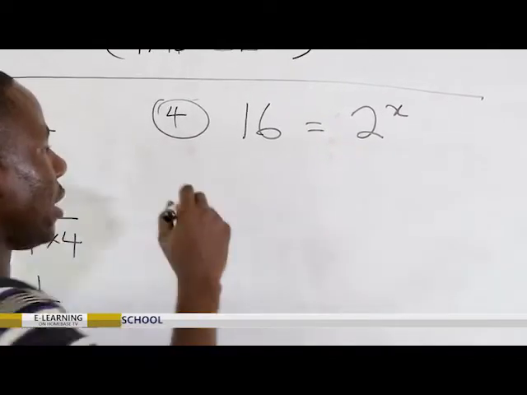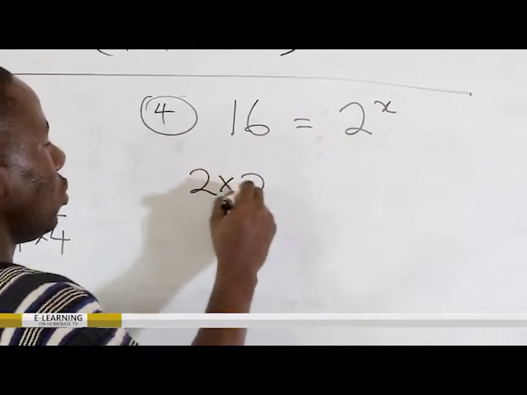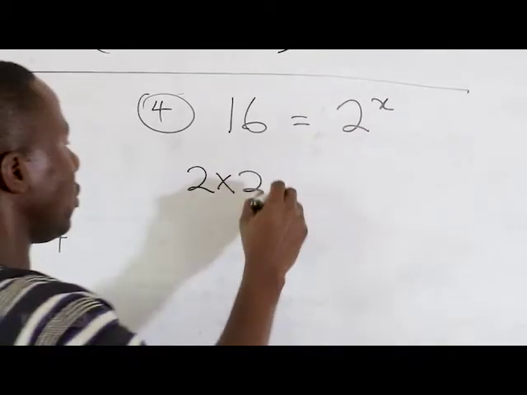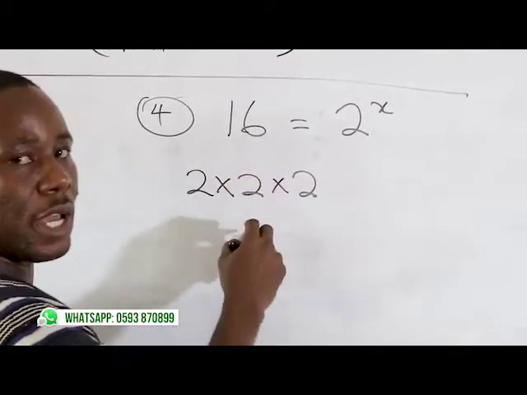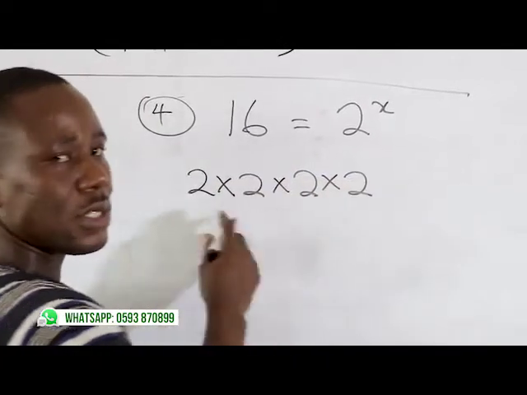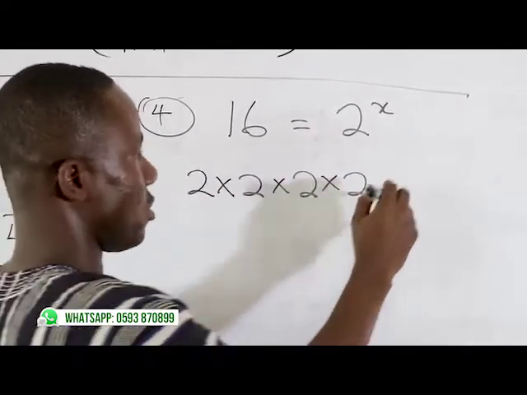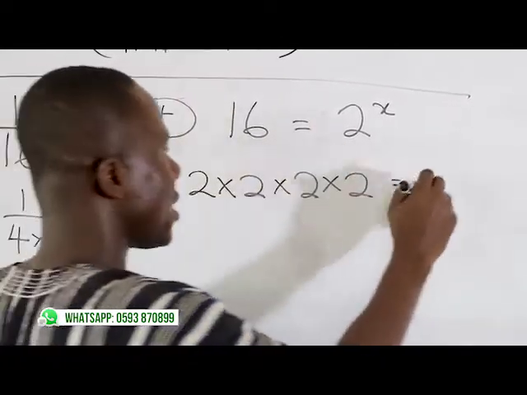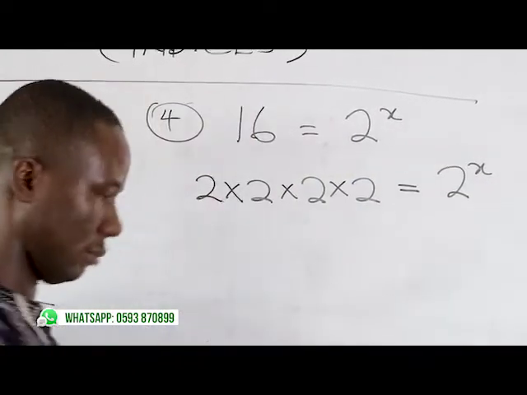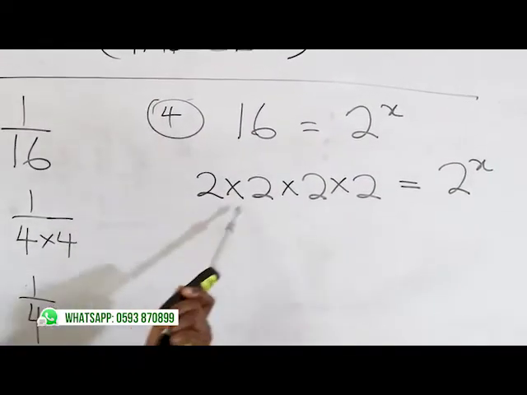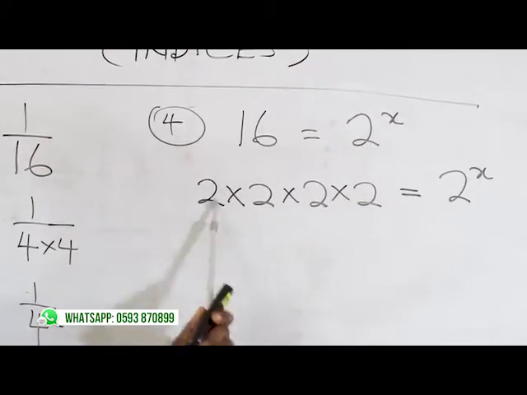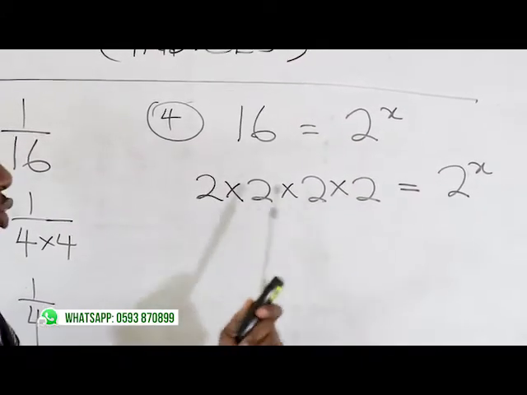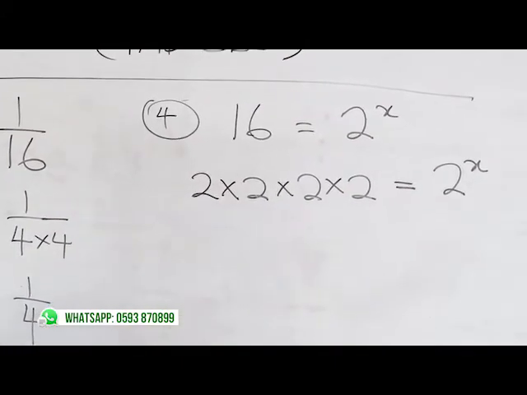So let's start multiplying. 2 times 2 is 4, times 2 is 8, times 2 is 16. Equate it to the right hand side. 2 multiplied by itself repeatedly how many times? 1, 2, 3, 4. So that becomes 2 exponent 4 in exponential form.